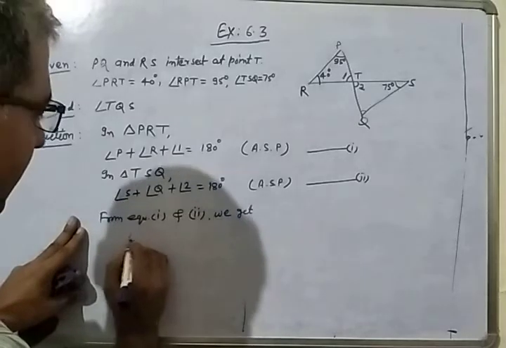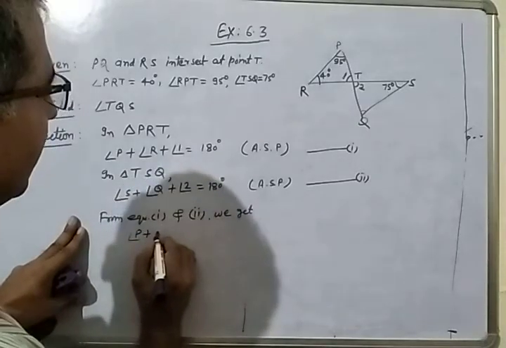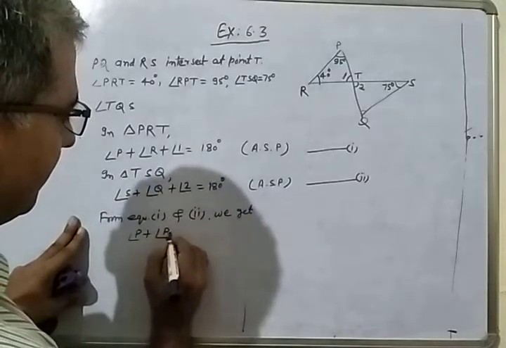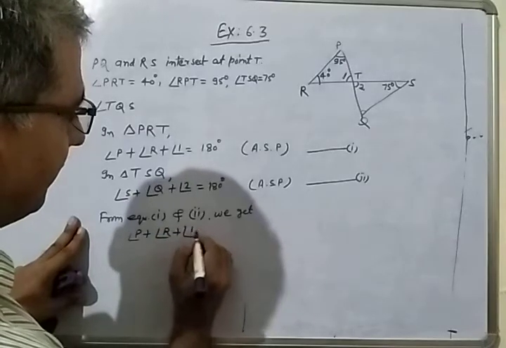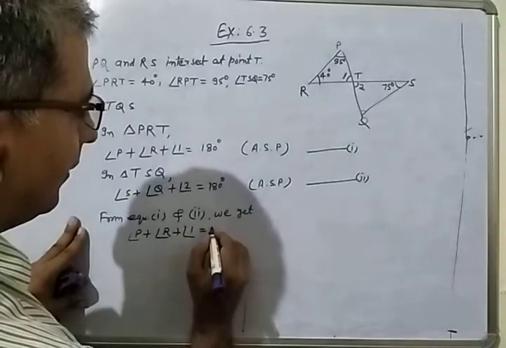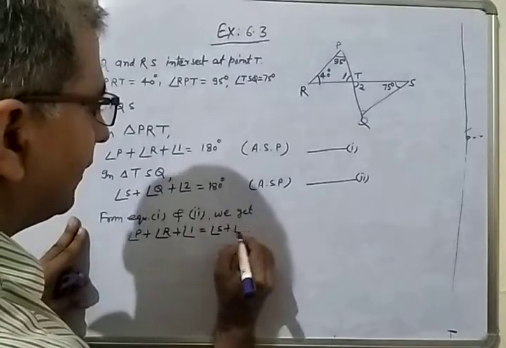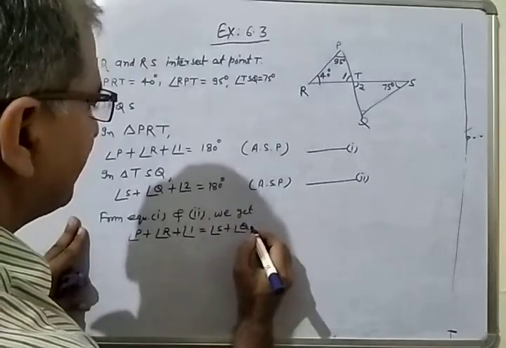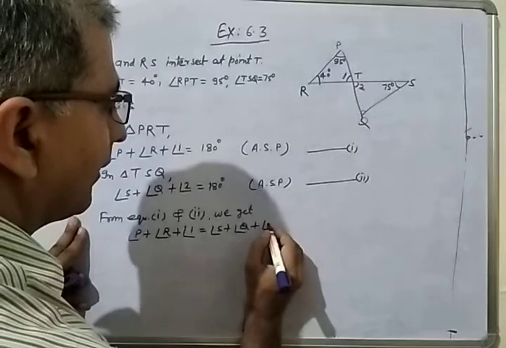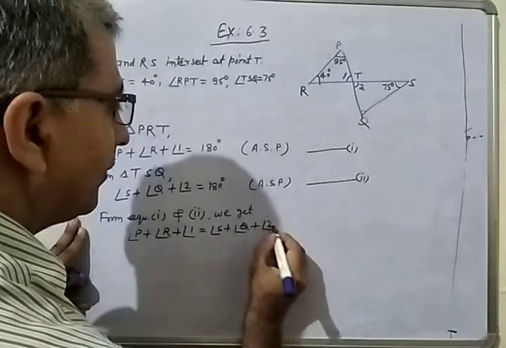So angle P plus angle R plus angle 1 equals angle S plus angle Q plus angle 2.